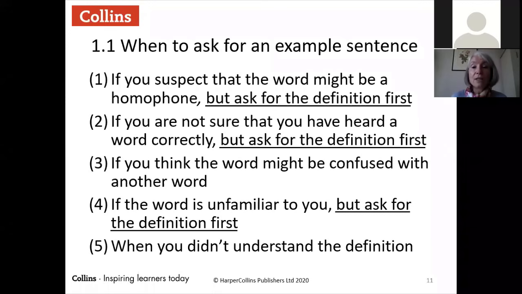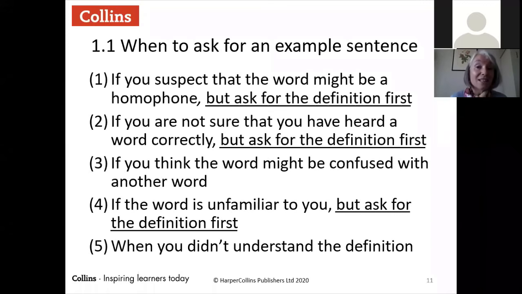If you think the word is confused with another word or could be confused with another word, I would always recommend asking for the definition first, but asking for the example can also be helpful. And if the word is unfamiliar to you, you definitely want the definition, but you definitely want the example, but ask for the definition first.